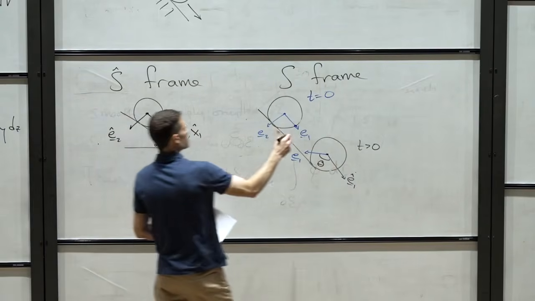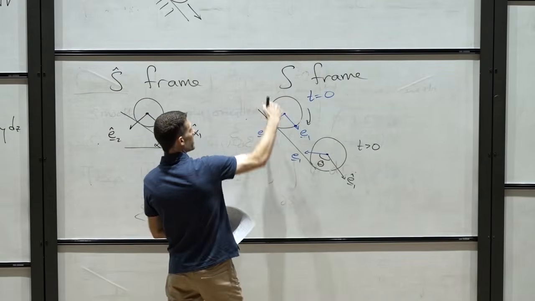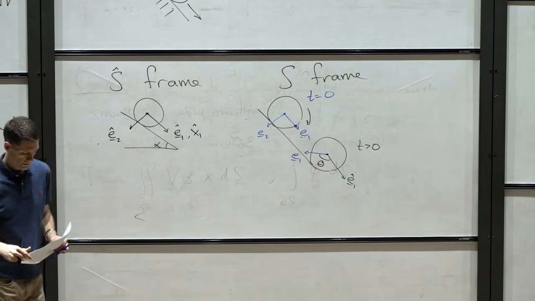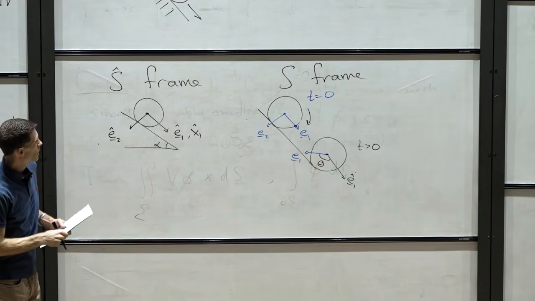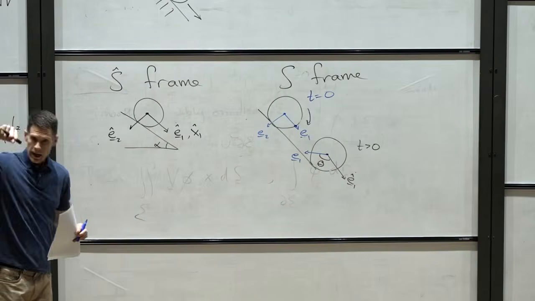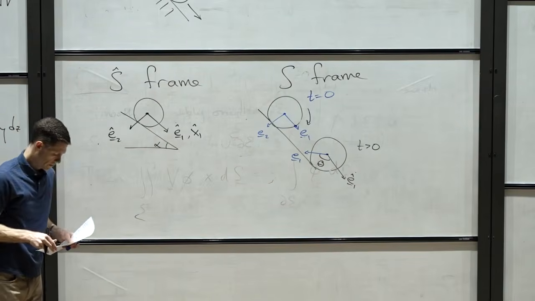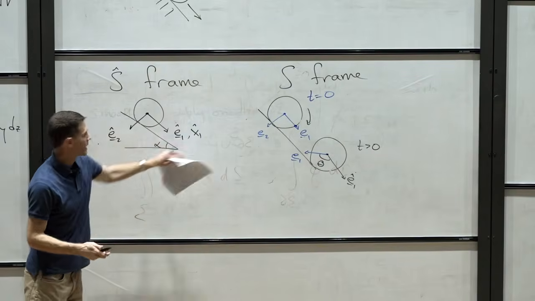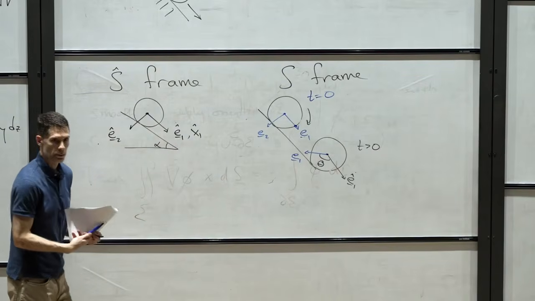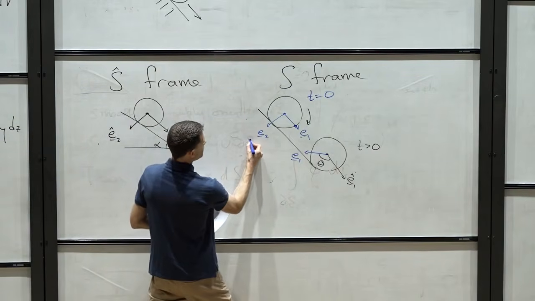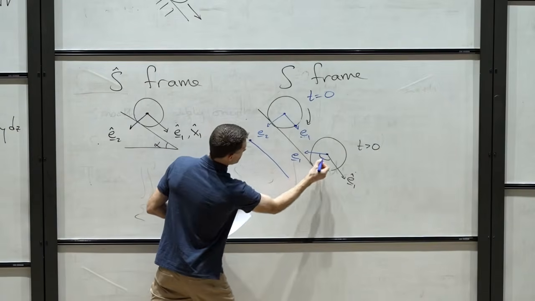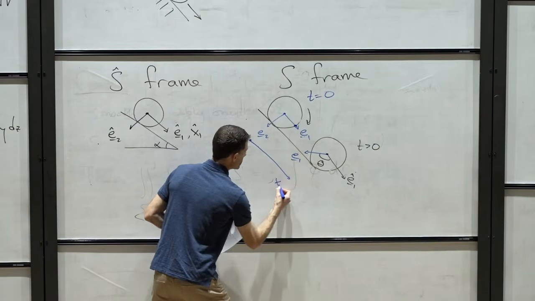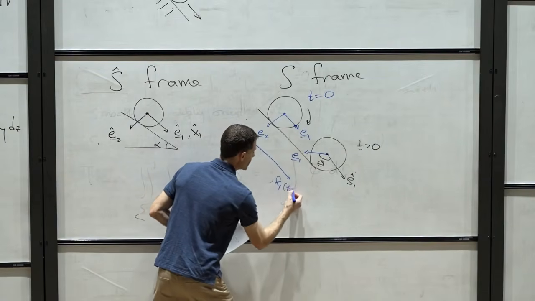So as it starts to rotate, E1 is going that way, and we'll call that theta of t. We also need to keep track of how far it's gone down the hill, so we have that as the x1 hat variable. Let's call this distance x1 hat of t.